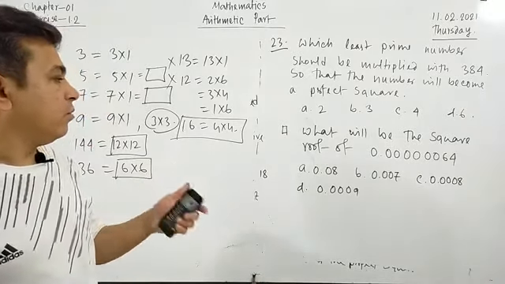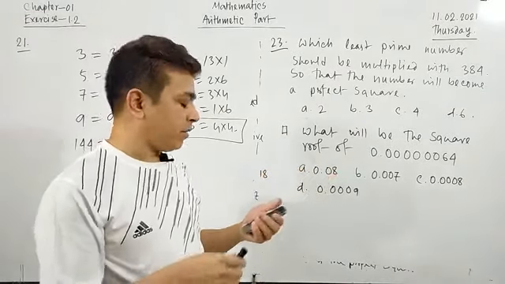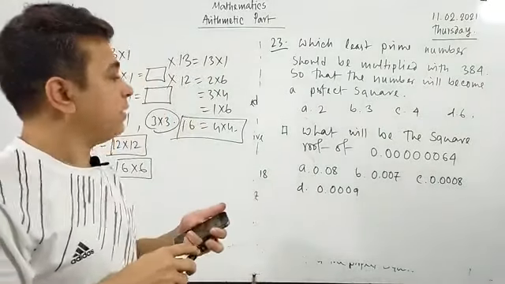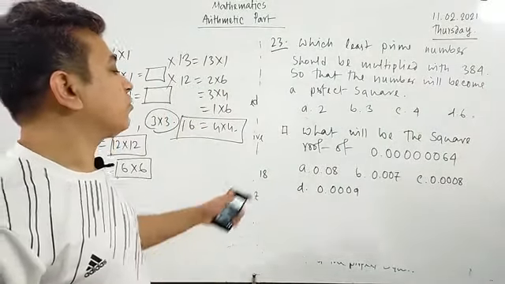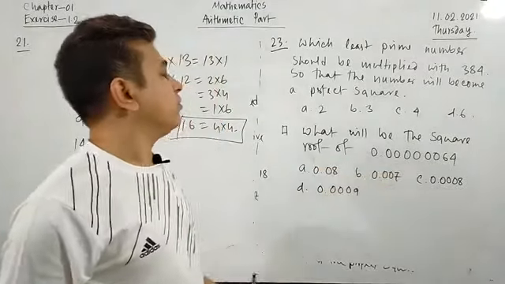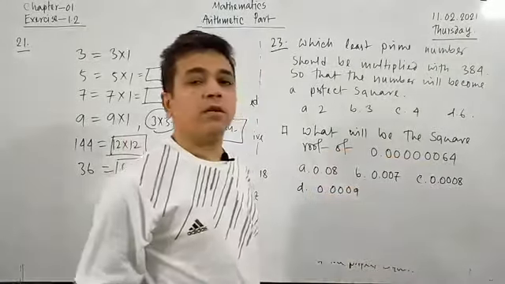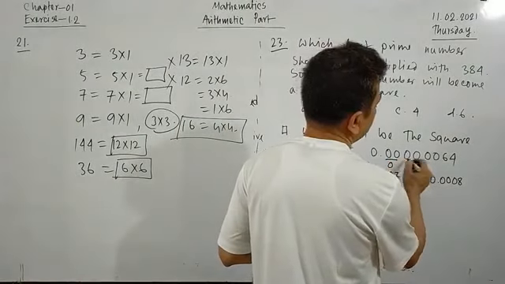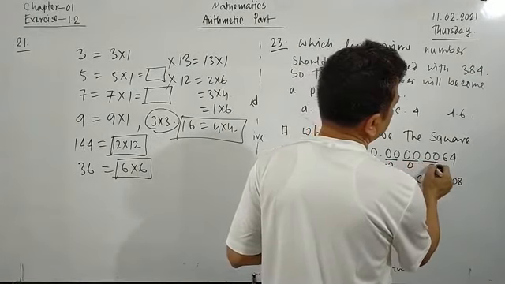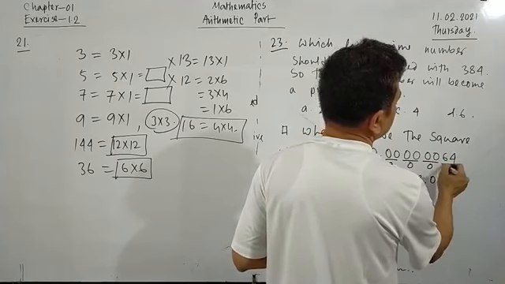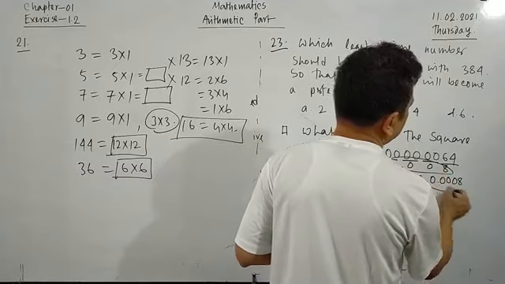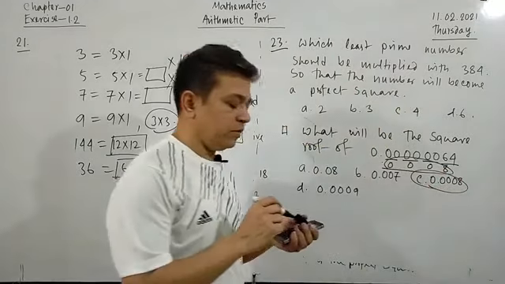Just consider this a question. Take one 0 from each pair of zeros, and the square root of 64 is 8. So 0.0008 is the answer. So C is the correct answer.